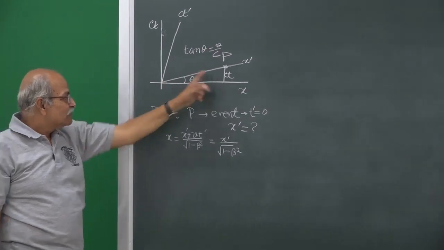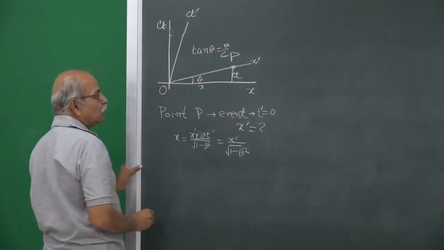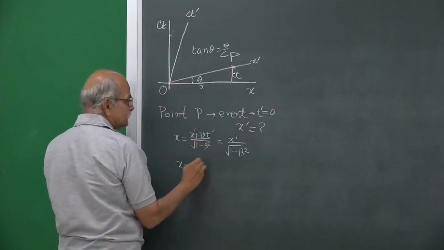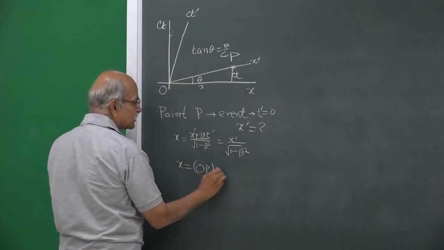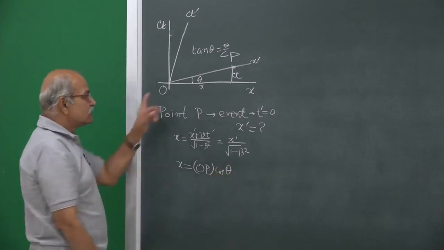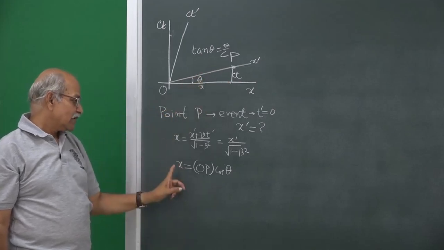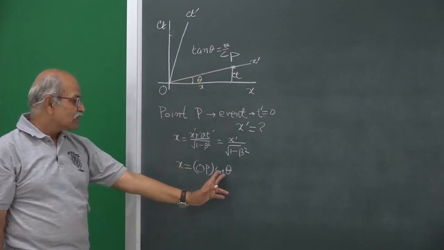So from this diagram, if I write O at this point, x is equal to OP times cos theta. This is a right angle triangle, so x is equal to OP cos theta. And what is cos theta?